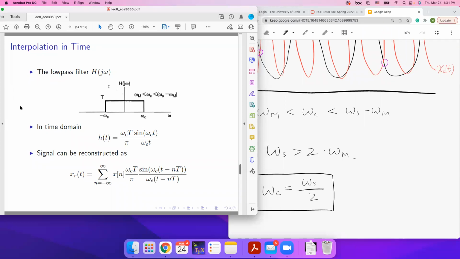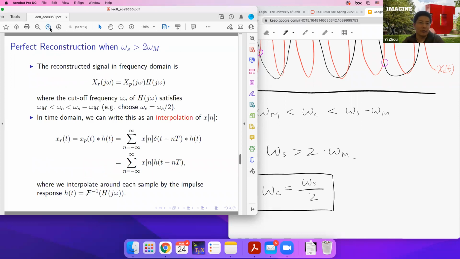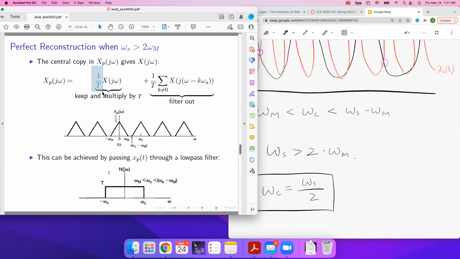Is the interpolation the part that scales the magnitude back because of the inverse transform? You mean the 1/T factor?